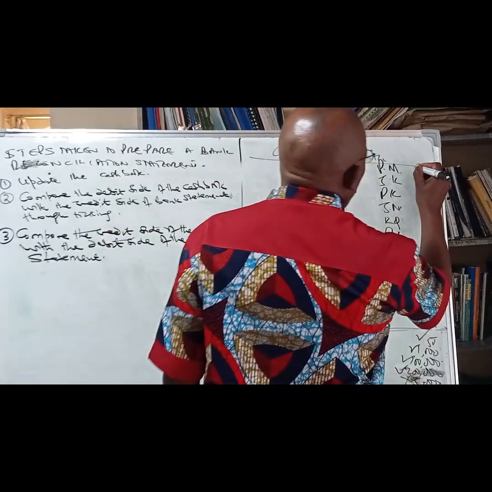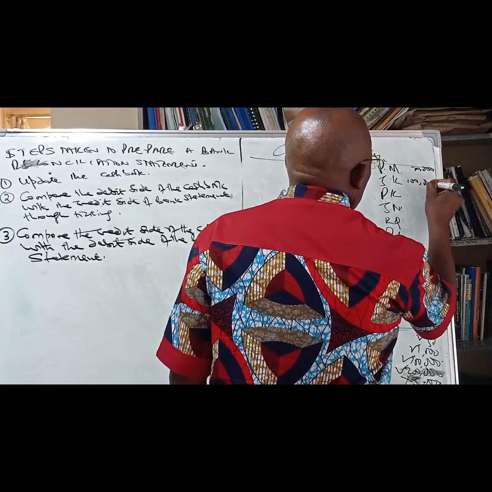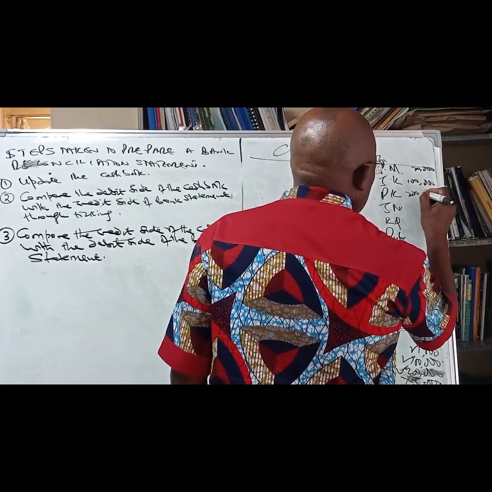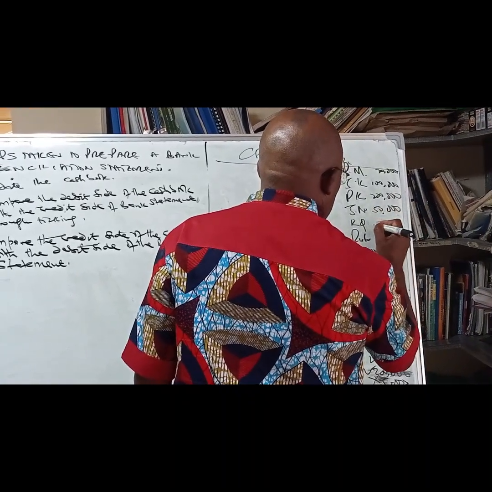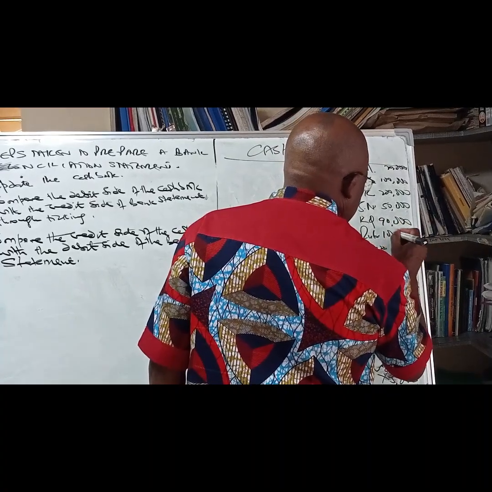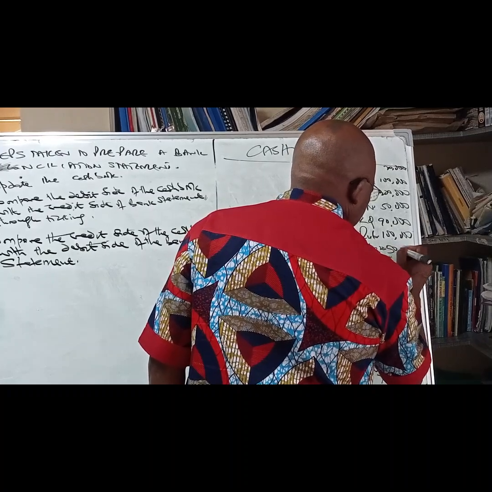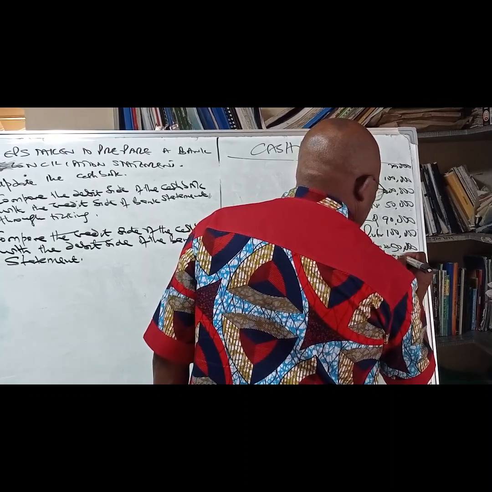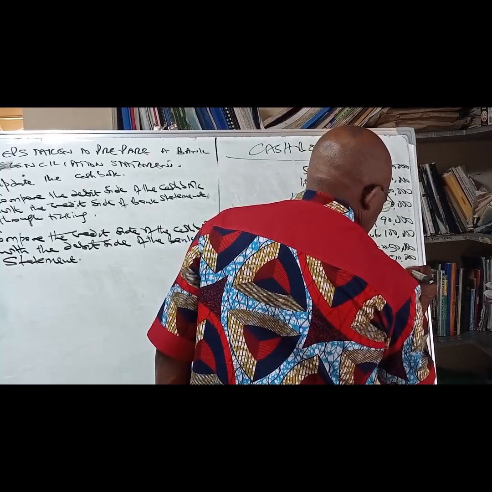So to PM we paid 20,000, to JK we paid 100,000, to PK we paid 200,000, to JN we paid 50,000, to KQ we paid 90,000, to Ruto we paid 100,000, to Kalonzo we paid 50,000, to Amara we paid 10,000, to Bigadi we paid 20,000.